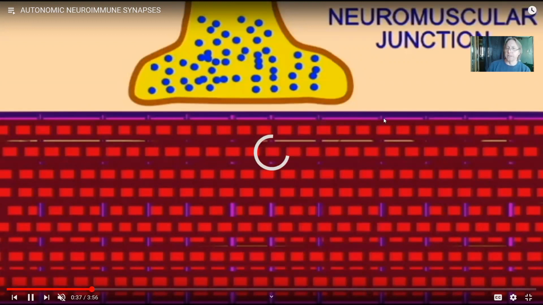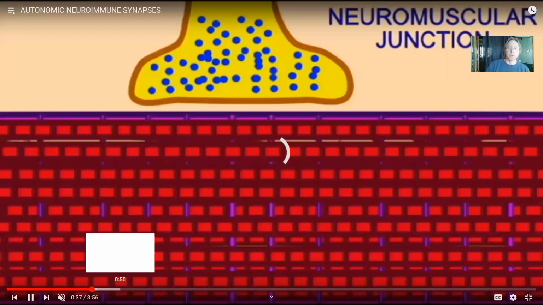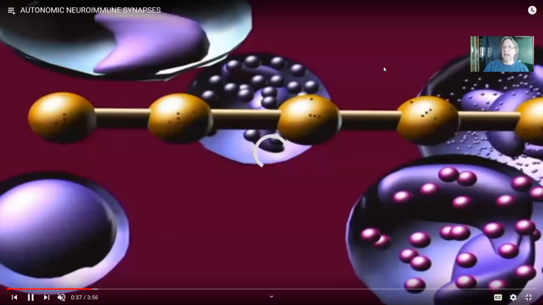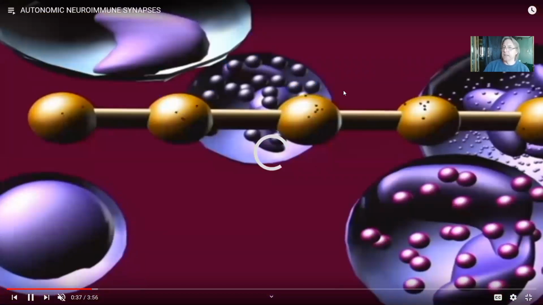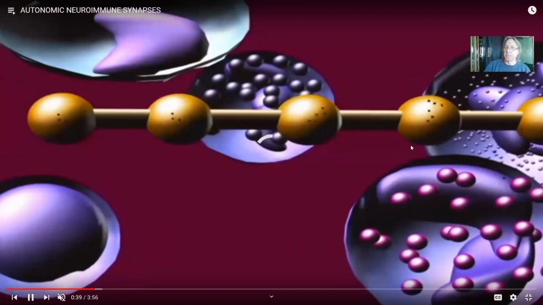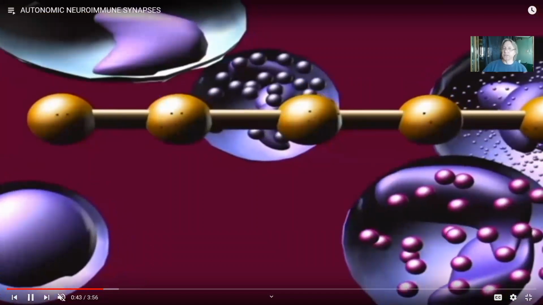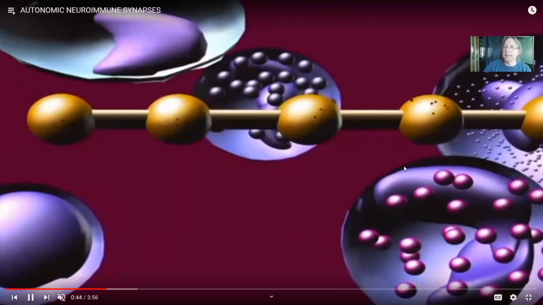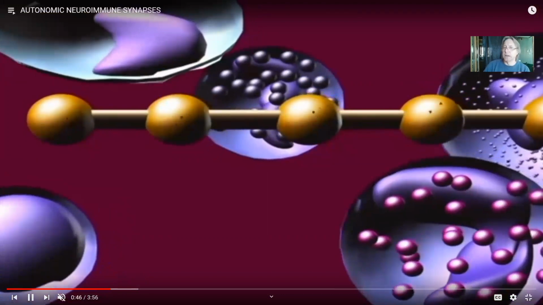All right, and so it's not that they're physically attached to, say, a muscle cell, but we have these moving ends, and so this nerve cell is making neurotransmitter, but it's not just making it to affect one cell. This neurotransmitter is now just kind of going in this general region of the tissue.